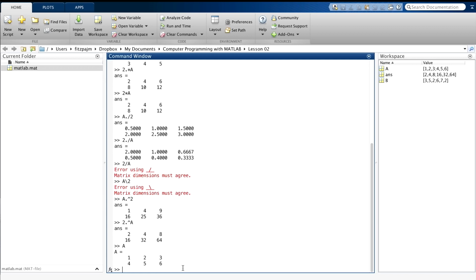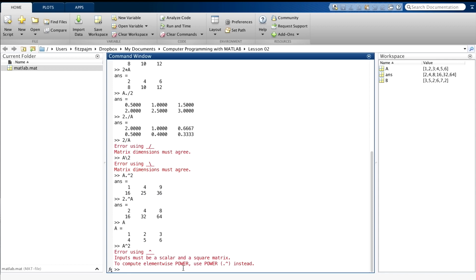So array exponentiation works fine with a scalar, but as we've just seen, the matrix version of exponentiation is kind of picky. A caret 2 is no good unless A is square, and of course A is 2 by 3, so it's not square. All these special cases with scalars may require a little memorization.